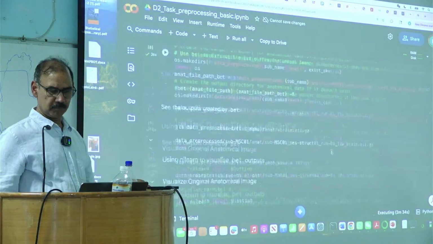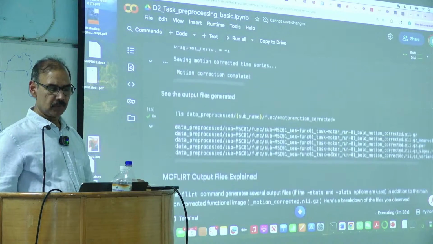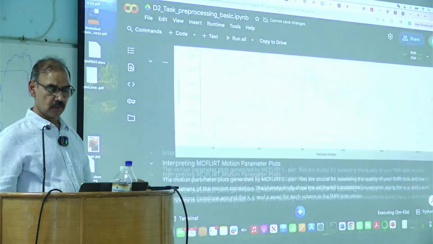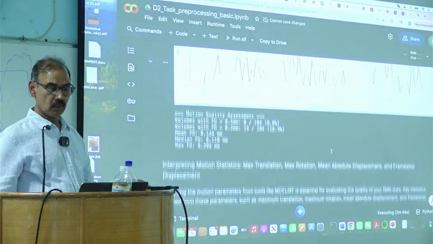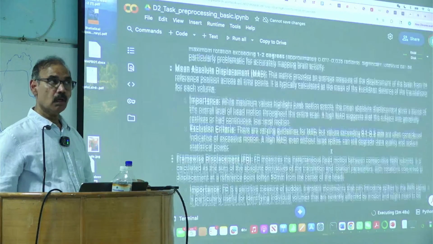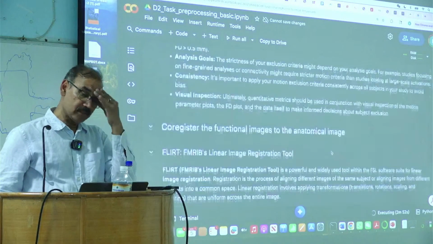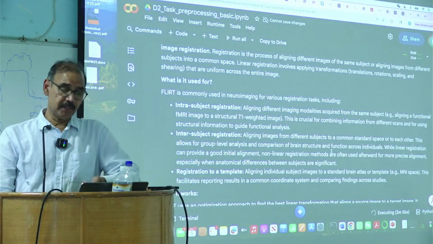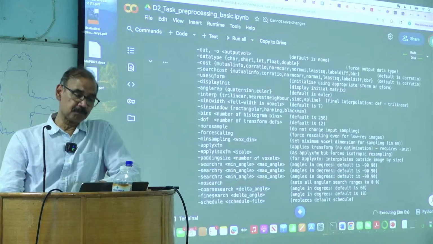So volume means the number of data points. So this data has 818 data points.